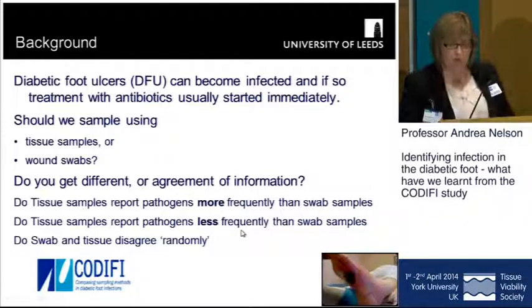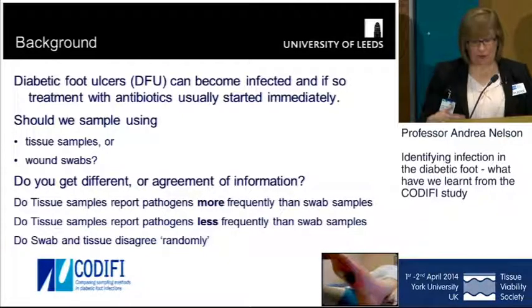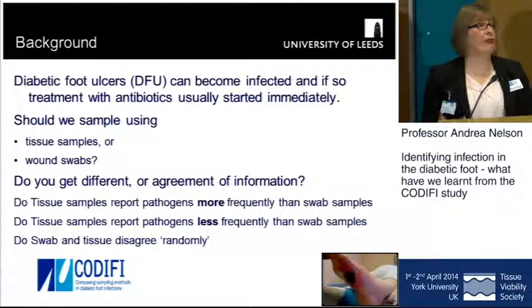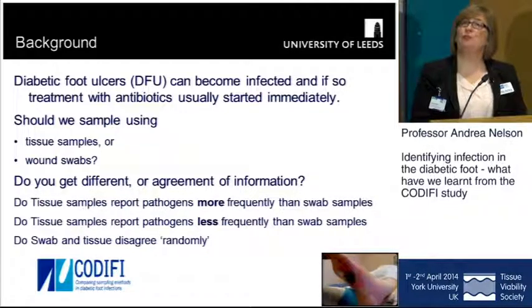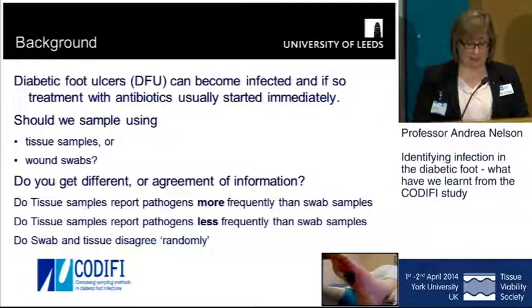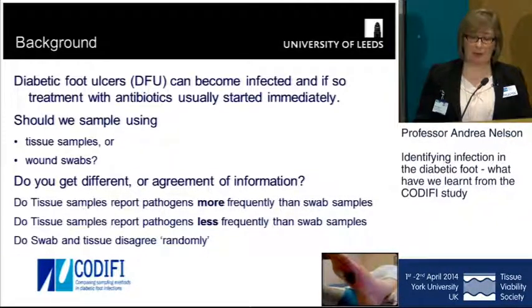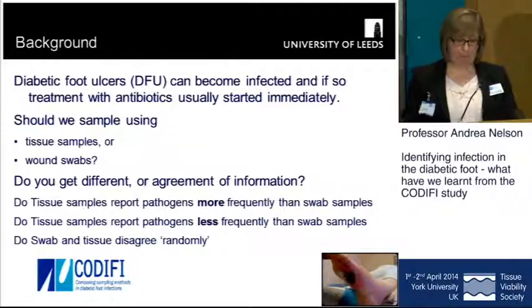Or do they report exactly the same amount of information? Or do they simply disagree in that sometimes a tissue sample will pick something up, but it will be missed by a swab? Or on other occasions, a swab will pick it up, but it will be missed by a tissue sample. This was the background to this research being commissioned by the NHS.